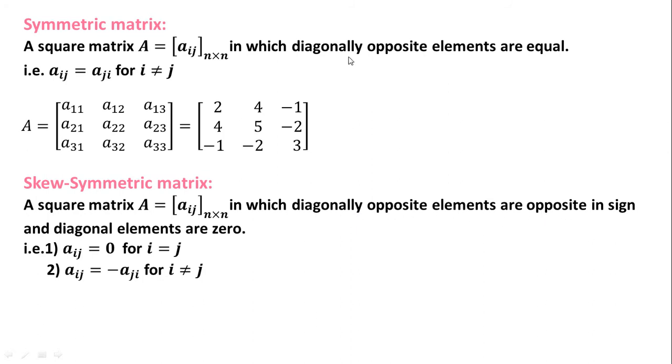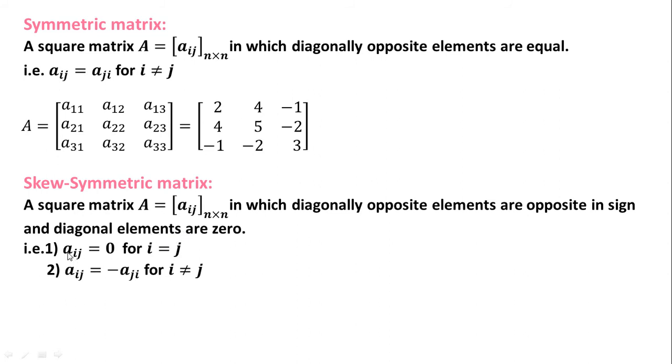Again diagonally opposite elements, but here they are opposite in sign, and very important, diagonal elements are 0. In the symmetric case it is not necessary that diagonal elements are 0, but in this case it is compulsory that all the diagonal elements must be equal to 0.